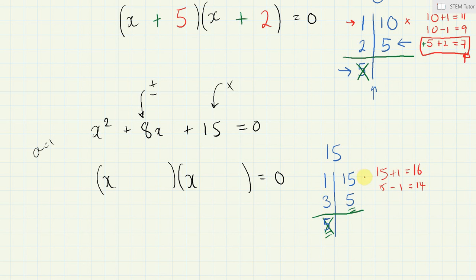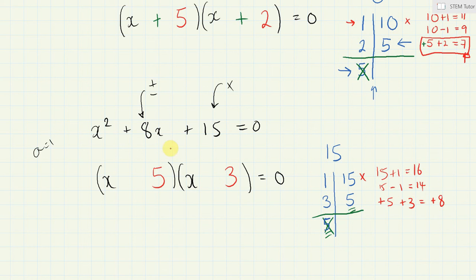Neither of them is 8, so this cannot be the pair of factors that I'm after. So that means it must be 3 and 5, but let's just check. How can we get to 8 with the numbers 3 and 5? Well, plus 5 plus 3 gives us plus 8, or a positive 8. Okay, so the numbers we need are 3 and 5.